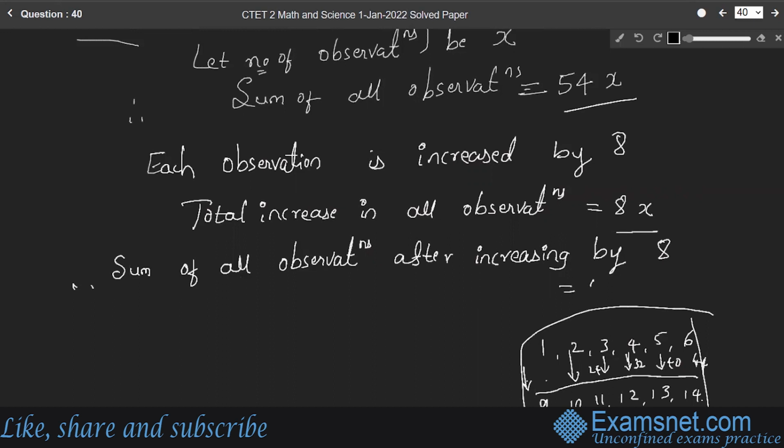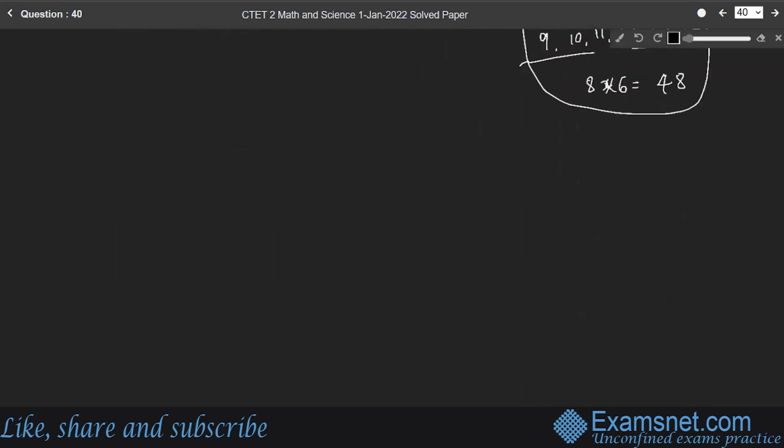Then their sum is 54x plus 8x, which is equal to 62x. Sum of all observations after increasing by 8.